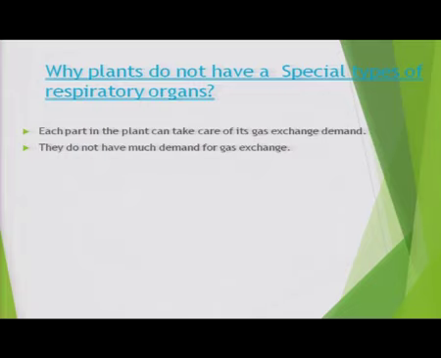Carbon dioxide combines with water to form carbohydrate, water and oxygen. So, to fulfill the oxygen demand for respiration, it is already present in the plant with the help of photosynthesis. Plants produce oxygen by photosynthesis.